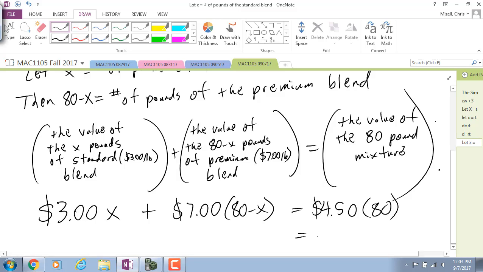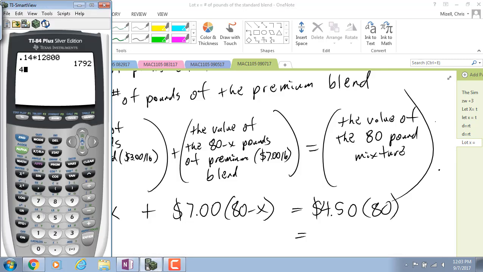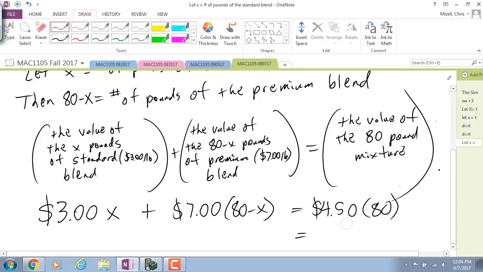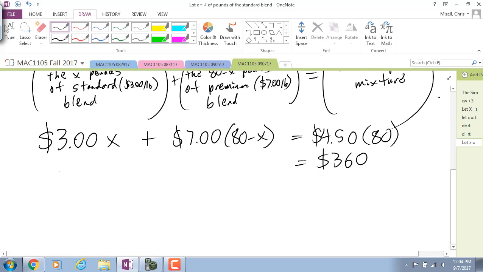What is $4.50 times 80? $360. So this 80 pounds of coffee, if we're charging $4.50, it better be worth $360. So we've got ourselves an equation which I believe we can solve.